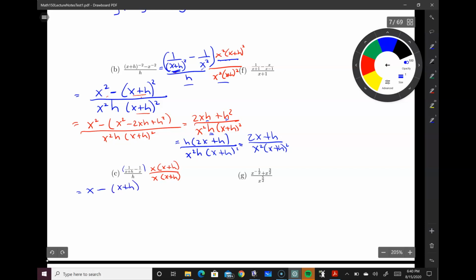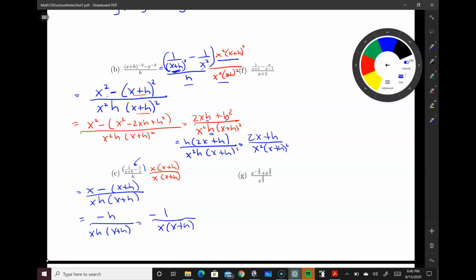Be careful of the parentheses so that this negative sign carries through. And then again, remember, do not multiply the denominator out. So then the x's cancel, so what I'm left with in the numerator is a negative h. And then I can cancel the h's. So I'm left with this.